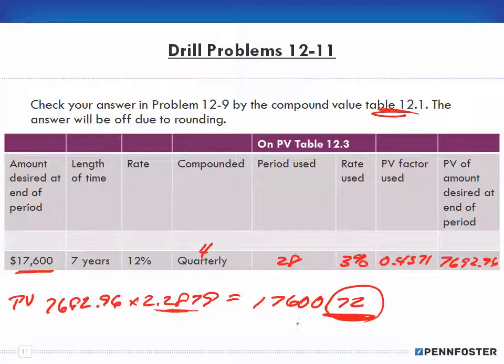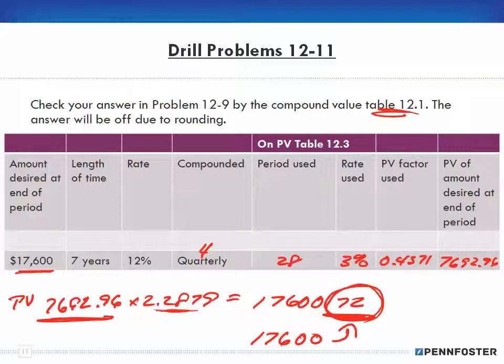Even though you had that amount, 7,692.96, if you were asked to do the math again and you come up with this 72 cents, it should come out to 17,600, but it's not going to, just due to rounding. So whichever answer you put, you're going to get it correct.